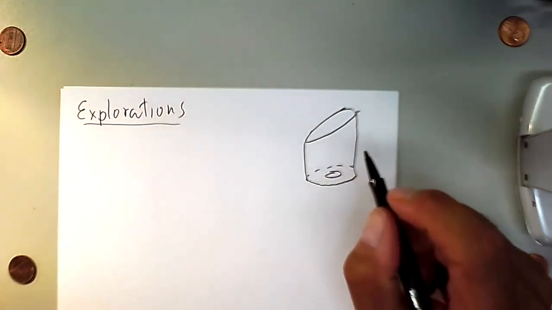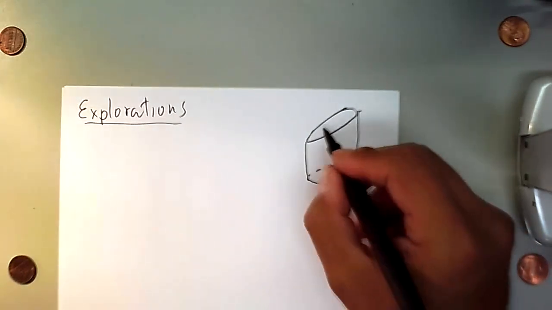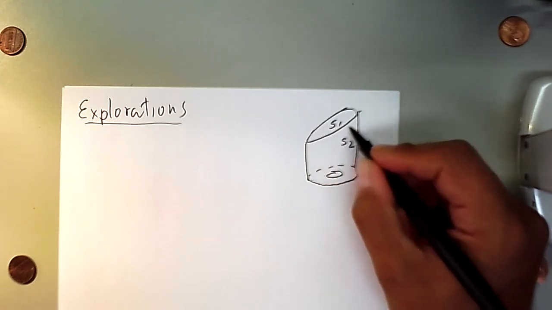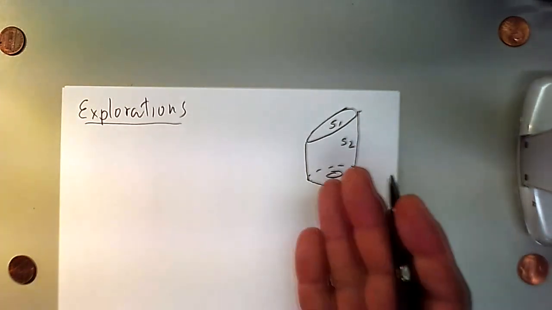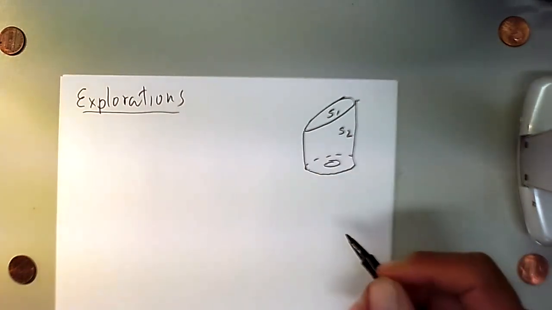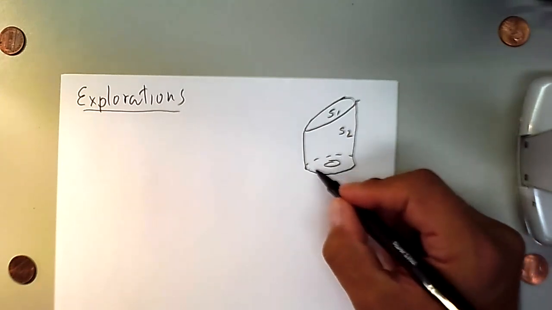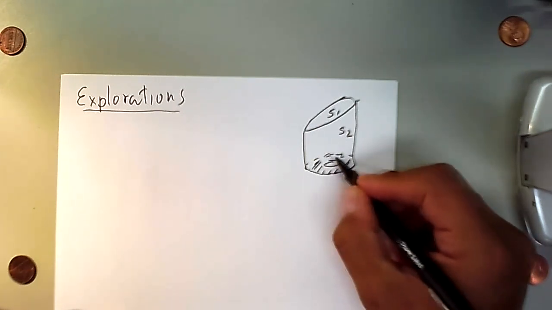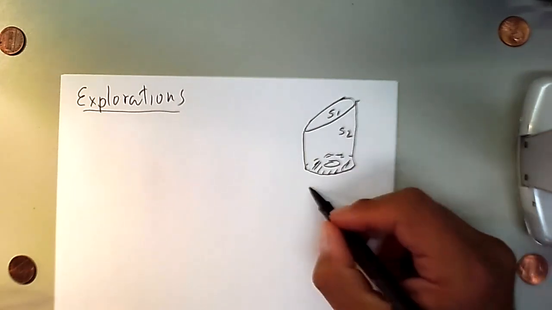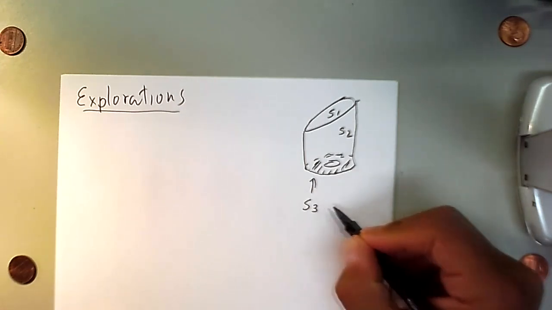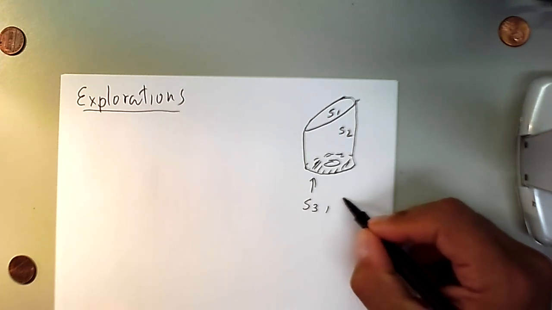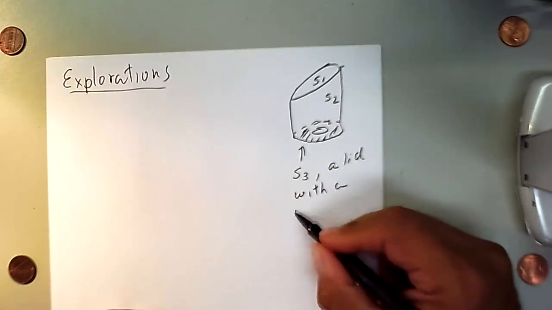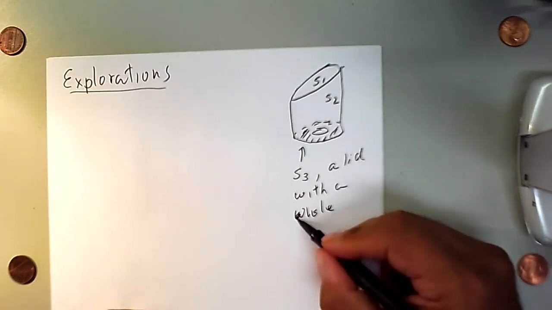So there is actually all of S, now this is a big surface, is made up by S1, S2, which is the side, and then we're gonna add not a complete lid on the bottom, but a lid with a hole through it. So this is a washer. Okay, so we have S1, S2, and then S3, lid with a hole through it.